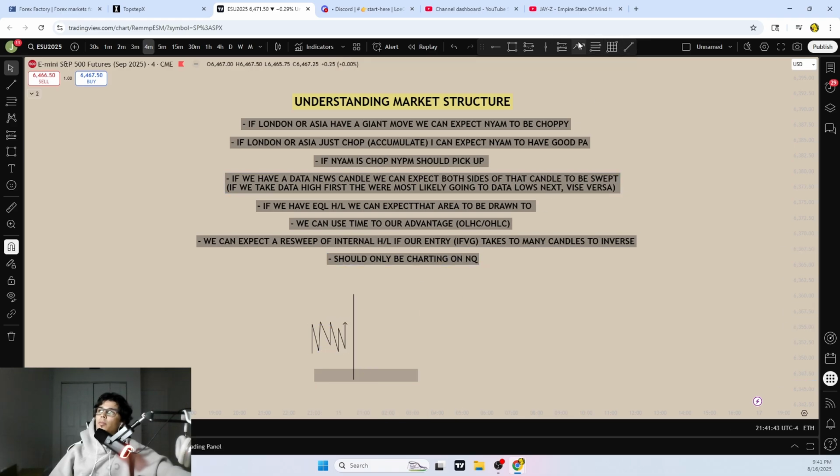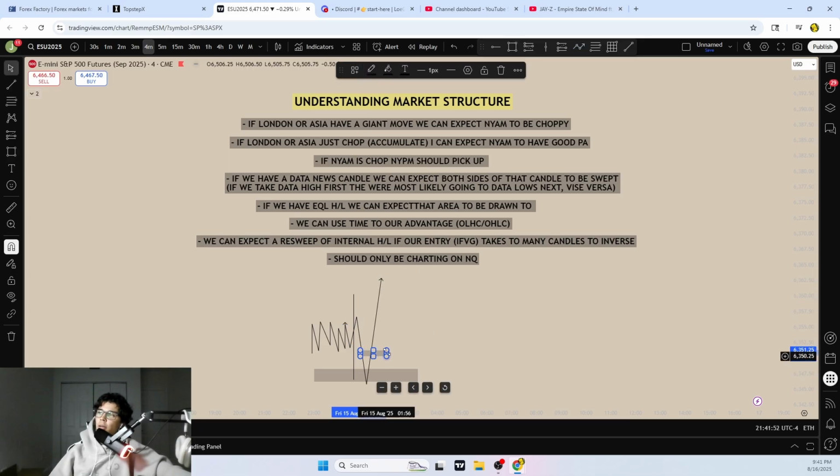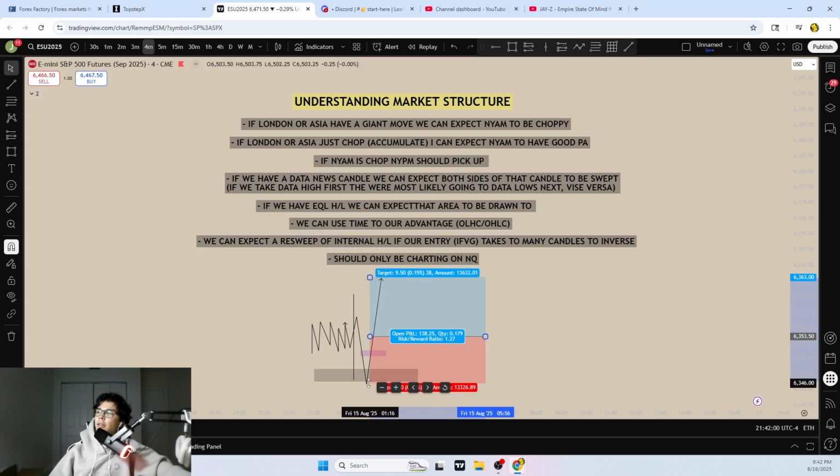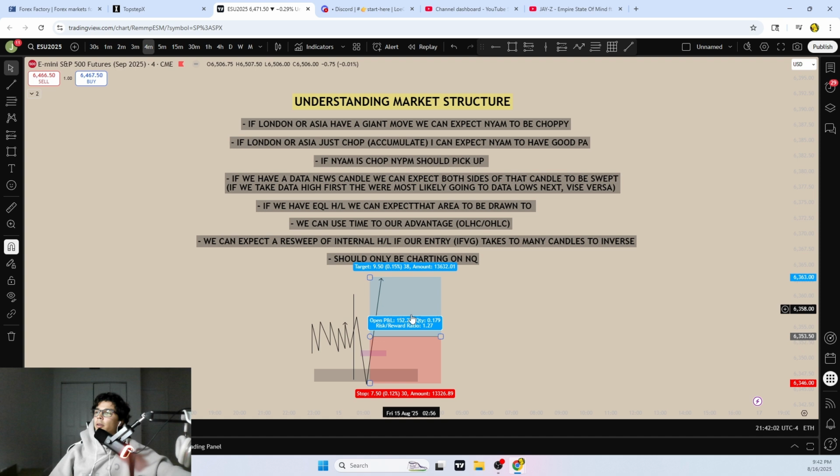So if we're already bullish on the day, what can we look for at 10 a.m.? Well, we can look for an open low and then look for a manipulation out of that chop into this condition, and then look for a rejection of the condition. And then from there, we can target any buy side that is above us. Okay, so that's how we can use time to our advantage.